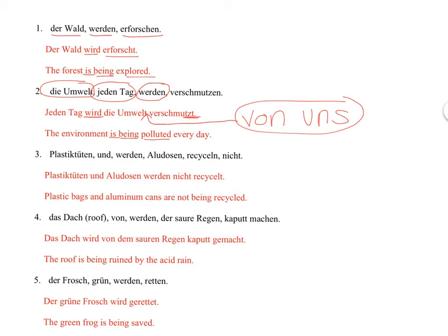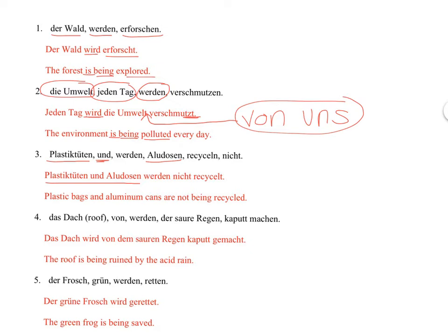Number 3, I can have a couple words here as the subject. Plastiktüten, plastic bags, and Aludosen, aluminum cans. So if I'm going to use both of those as the subject, I'll connect it with und. So we've got Plastiktüten und Aludosen. The form of werden that we're going to use is the plural form because we have plastic bags and aluminum cans.